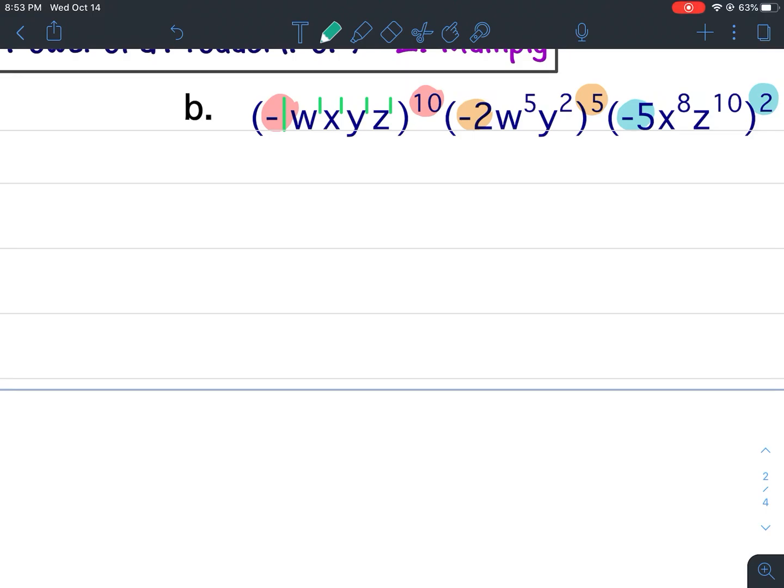So off to the side, negative 1 to the 10th power, negative 2 to the 5th power, negative 5 squared.